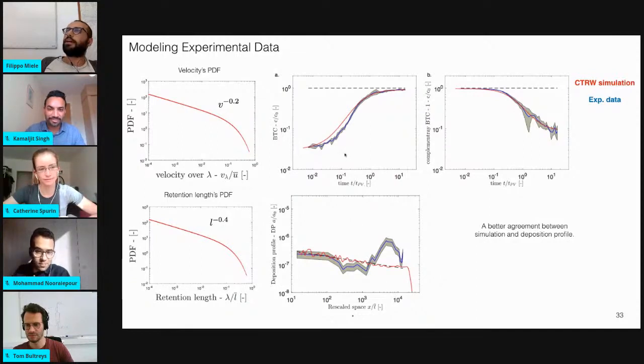Indeed, the model tends to overpredict the early arrival times a bit, but it completely describes the tailing behavior of the breakthrough curves, and we get a better agreement for the deposition profile, while the strange peak close to the outlet is still under investigation. And with this, I conclude the presentation, and I thank you for the attention.